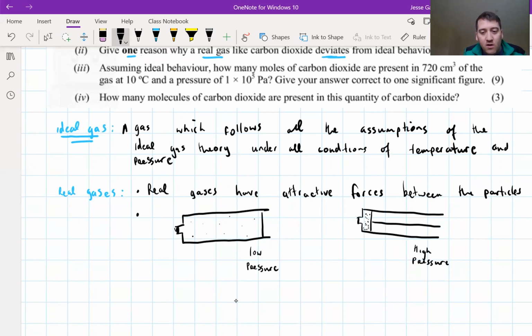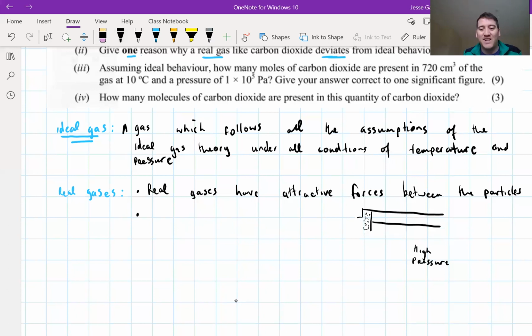Now, most of the space here is actually taken up by the particles themselves, and there's barely any empty space anymore. So under high pressure, that rule isn't true. The particles are not negligible in size compared to the spaces between the particles. So that's the second one that we break under high pressure. That rule that we said about ideal gases really isn't true.